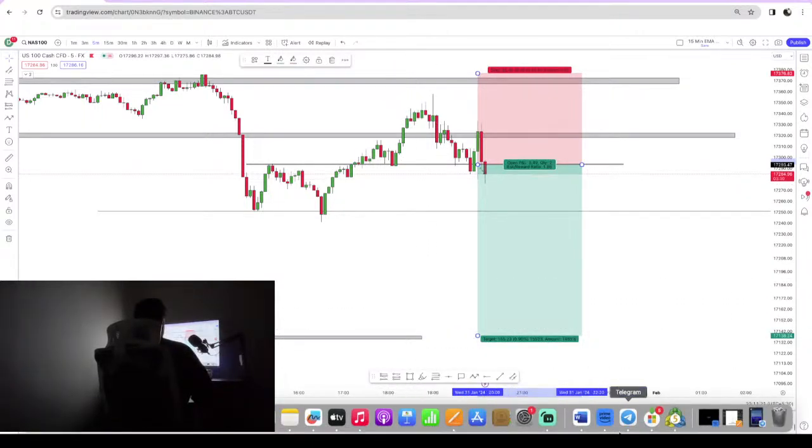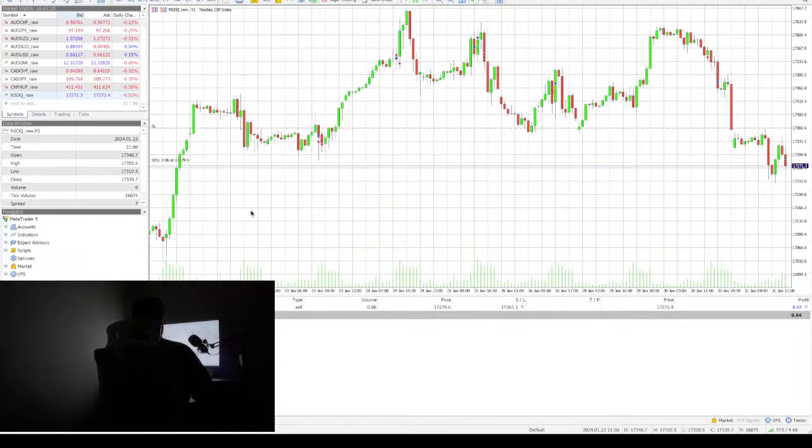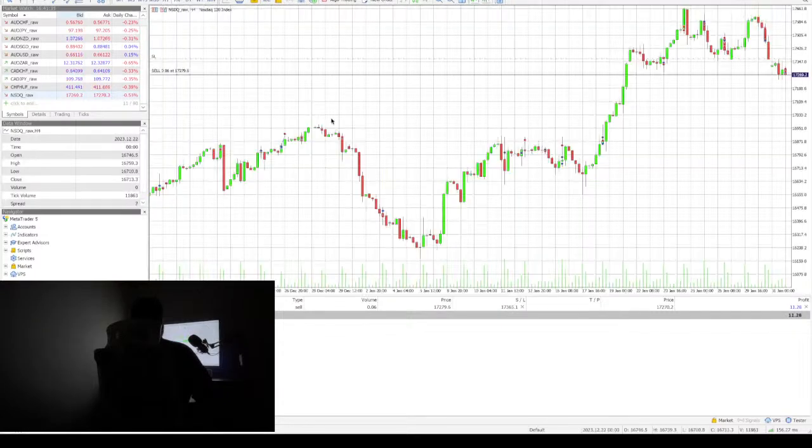So I'll mark this target there. I think it is there only. My lot size is 0.06. It is here. You can see on my cursor.